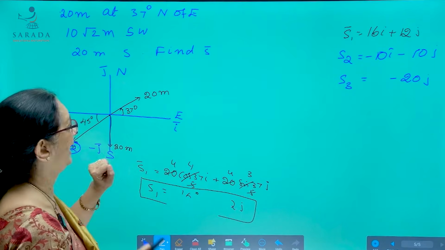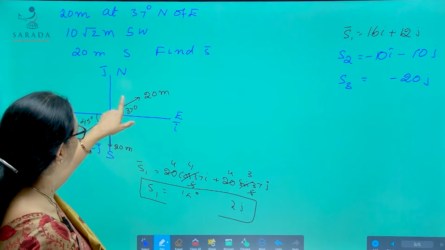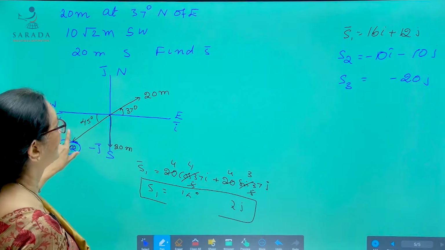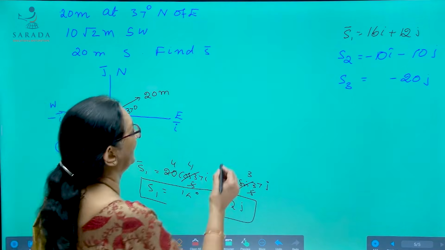Look here, I am repeating the problem. This is 20 cos 37, that is 16 i bar plus 12 j bar. This is minus 10i minus 10j and this is minus 20j.